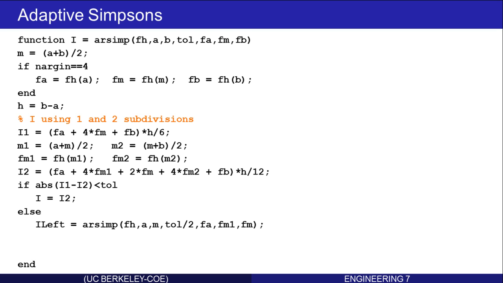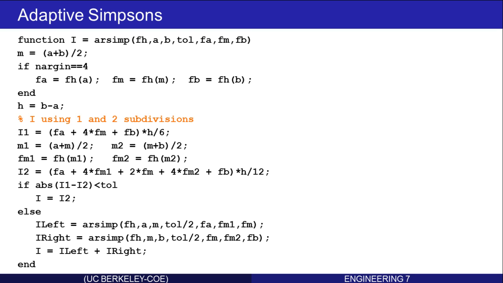Those are fa, fm1, and fm. Similarly, do the integral on the right. That's the integral of fh from m to b with an accuracy requirement of tau over 2. But again, the function values at the left endpoint, the middle, and the right endpoint are already known, so pass them in so that the recursive call has to do fewer function evaluations.